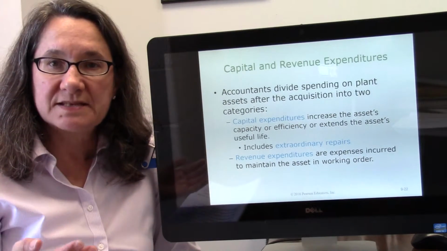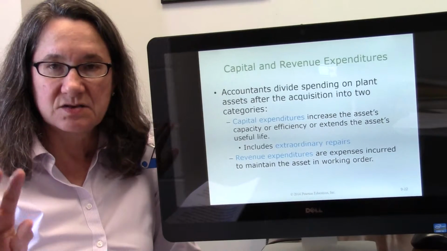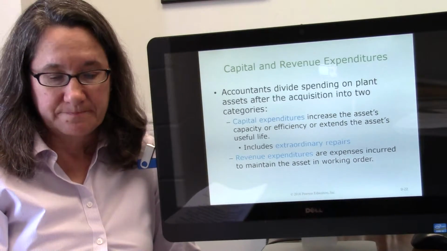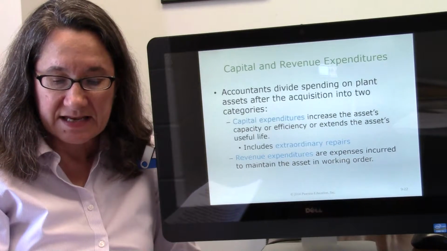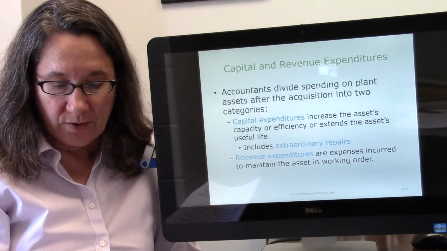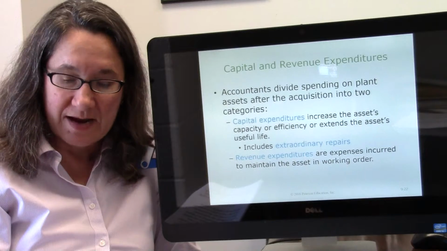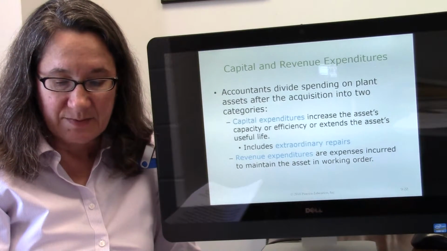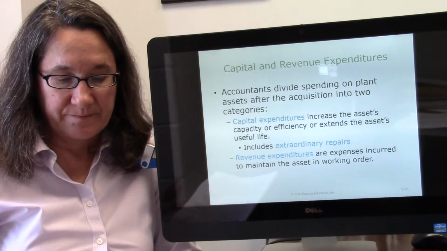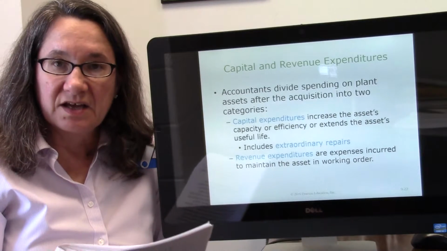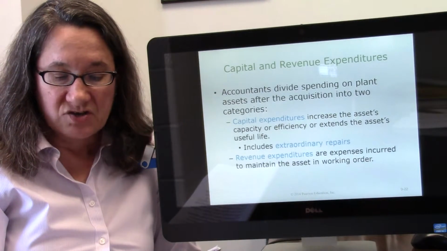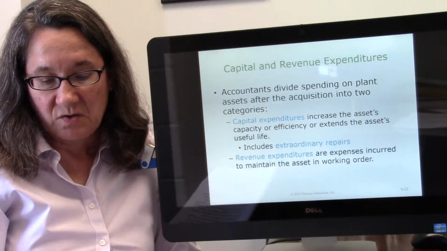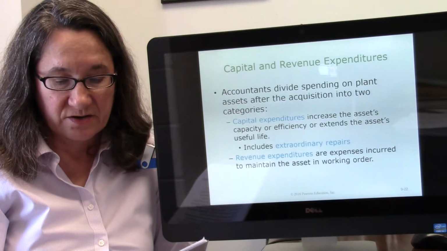Now, a revenue expenditure, or just an expense. Expenses incurred to maintain an asset in working order, such as repair or maintenance expense, are not debited to an asset account. Examples include the cost of maintaining a truck, such as changing the oil filter and replacing its tires.